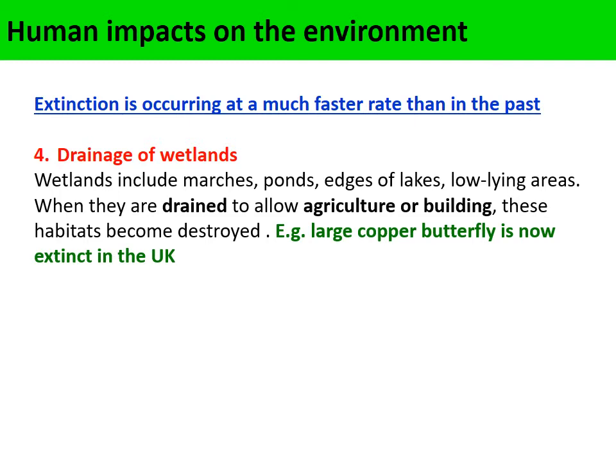Now, when these wetlands are drained, quite often to make room for new roads, new buildings, or even agriculture, which can be crop agriculture, plant agriculture, or even animal agriculture, the habitats that are so important to sustain the life of these animals become destroyed. So, for example, the large copper butterfly is now extinct in the UK because of the drainage of wetlands to allow for the building of roads and new buildings, etc.